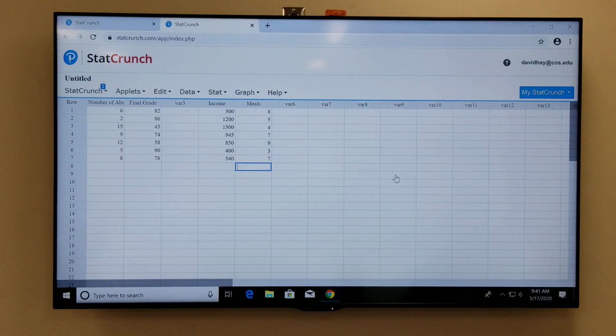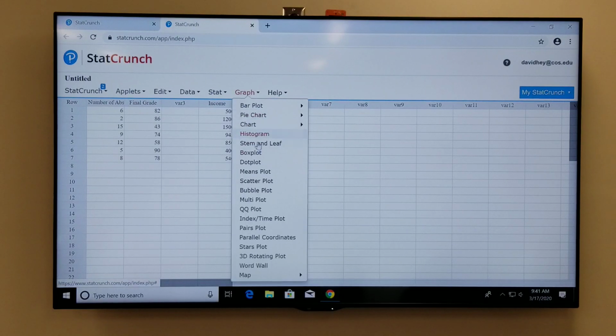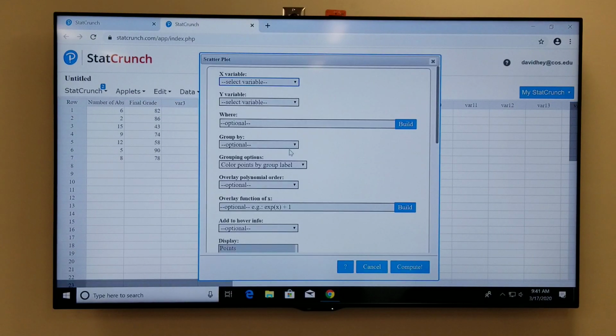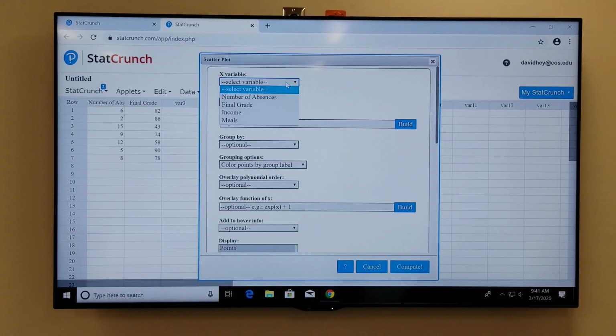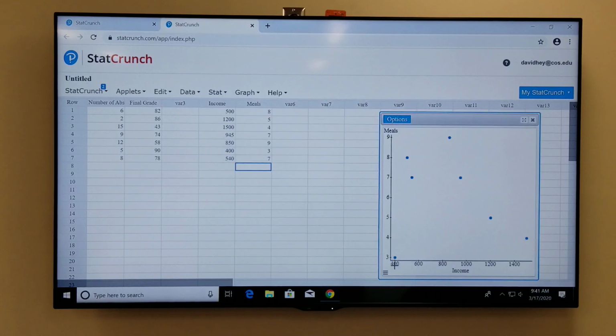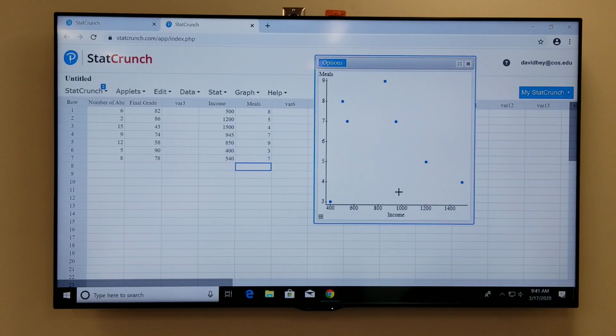Okay, so to draw a scatter plot, again, we go to graph and then scatter plot. You tell StatCrunch which one is your x variable, which one is your y variable, and then you hit compute. Hard to tell if there's a linear correlation here, especially with this guy down here, right?